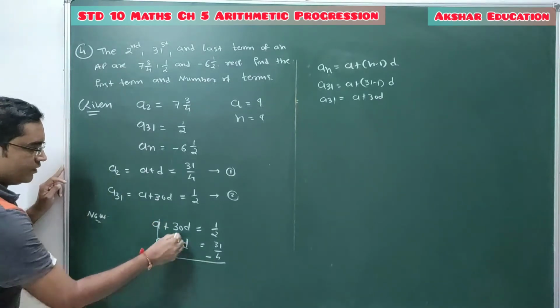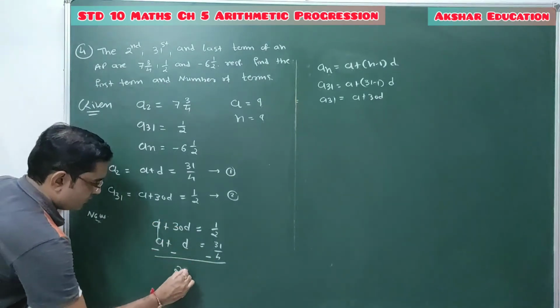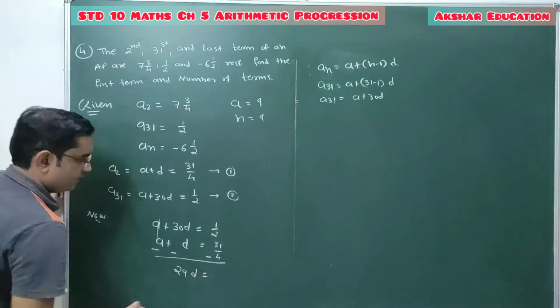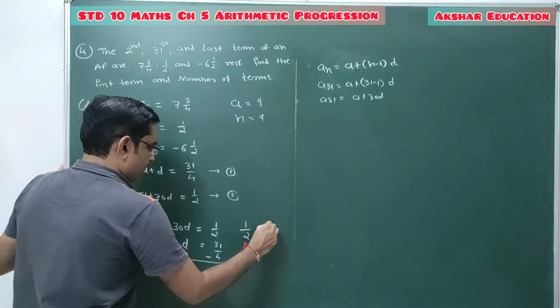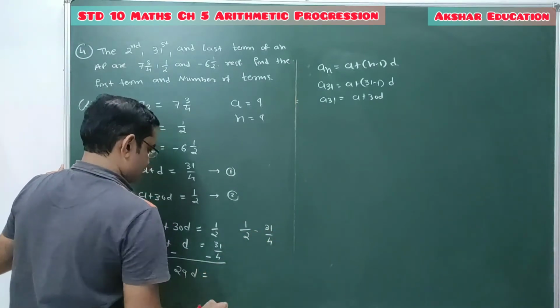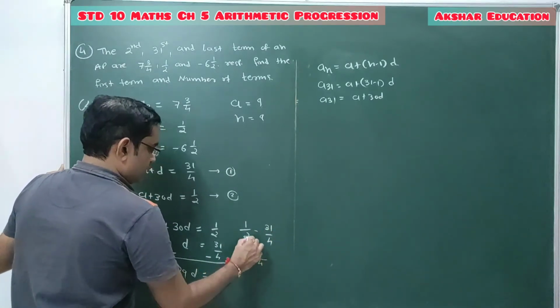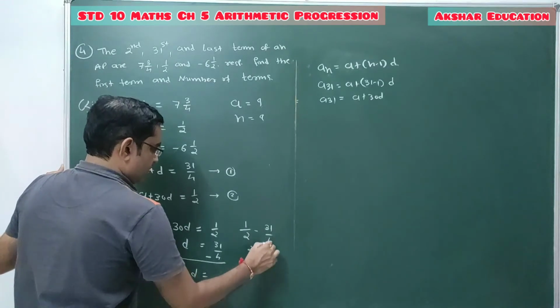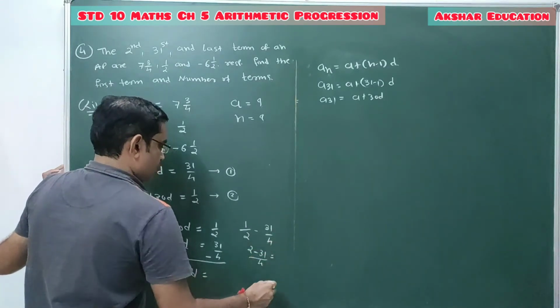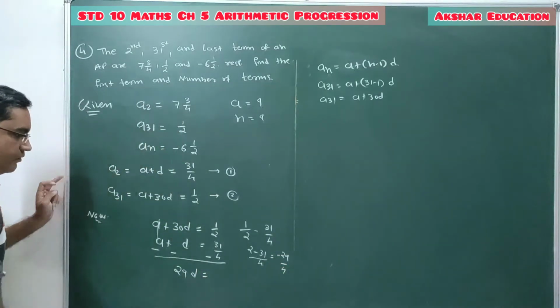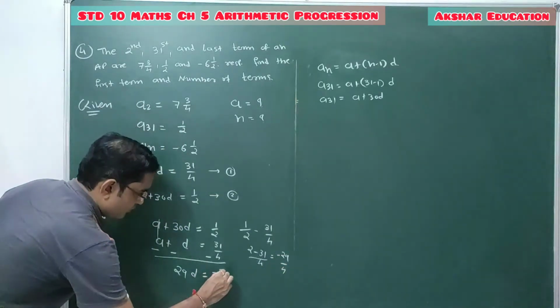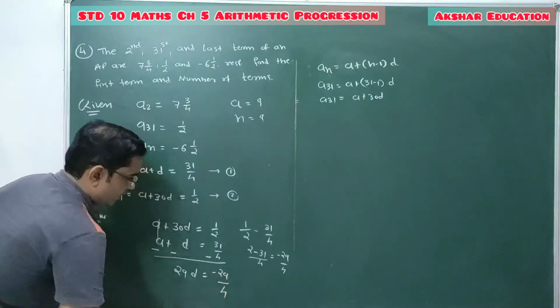The a will be cut. 30d minus d is 29d equal to 1 by 2 minus 31 by 4. 4 is the LCM: 2 twos are 4, 4 ones are 4, so 2 minus 31 is minus 29 by 4. So 29d equal to minus 29 by 4.